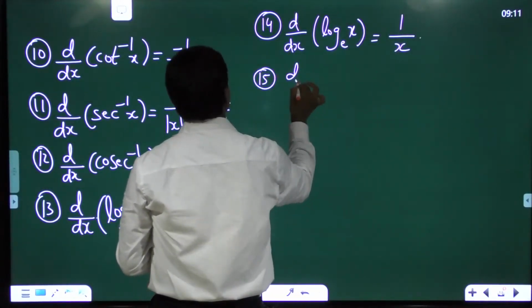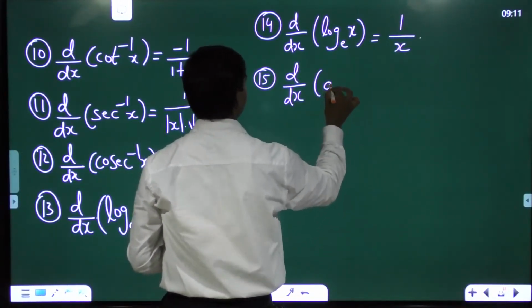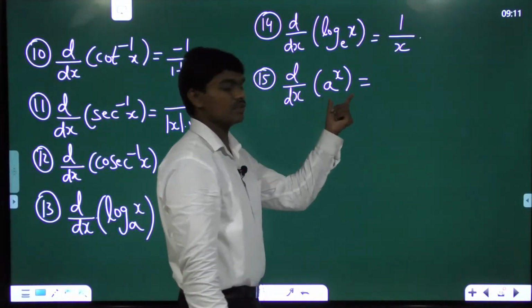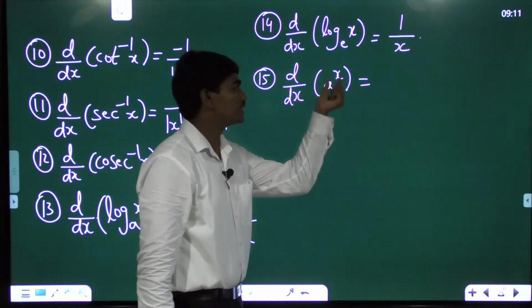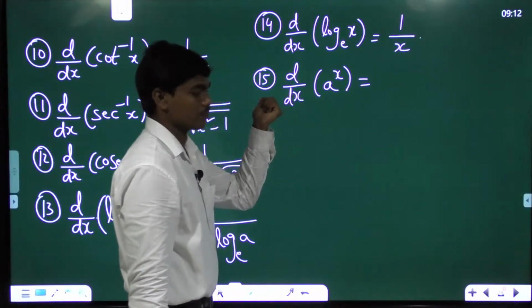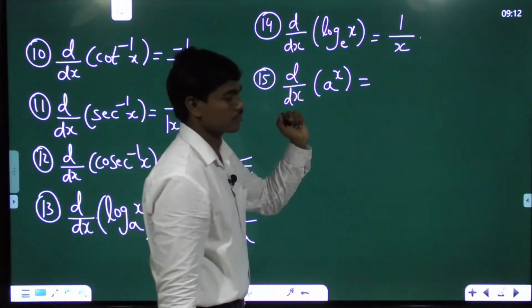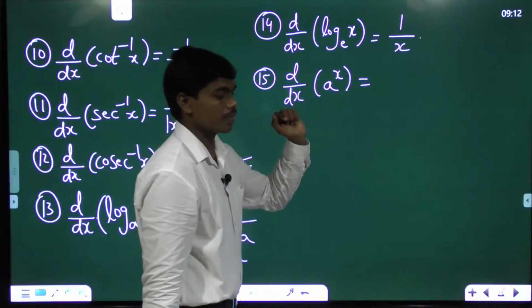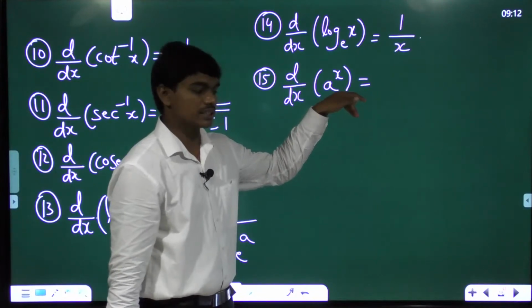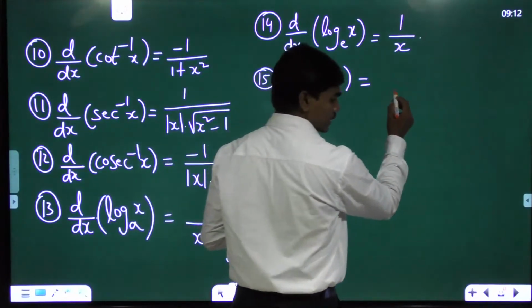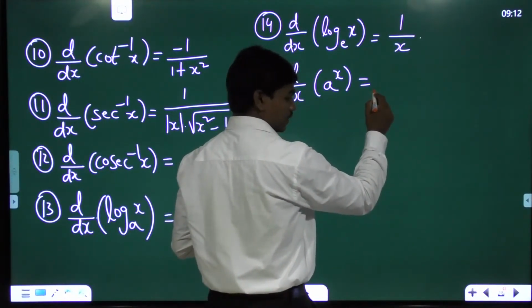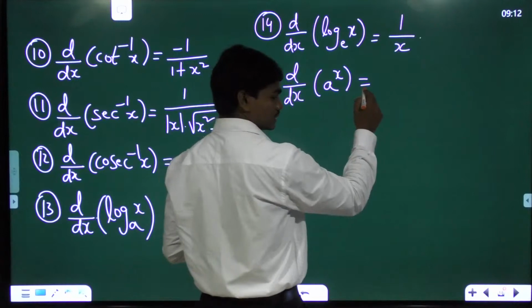Next. d by dx of a power x, where a is a constant. What's the differentiation of a power x with respect to x?